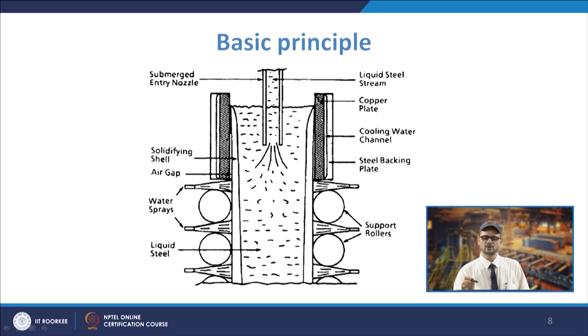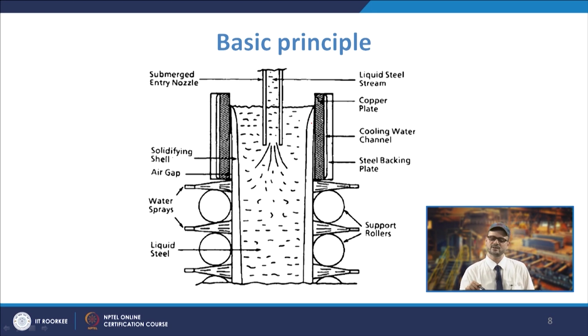The cooling water is provided because copper's melting point is less than 1100 degrees centigrade; pure copper melts at 1083 degrees centigrade, and steel's melting temperature is more than 1500 degrees centigrade. So it has to be cooled externally with water.